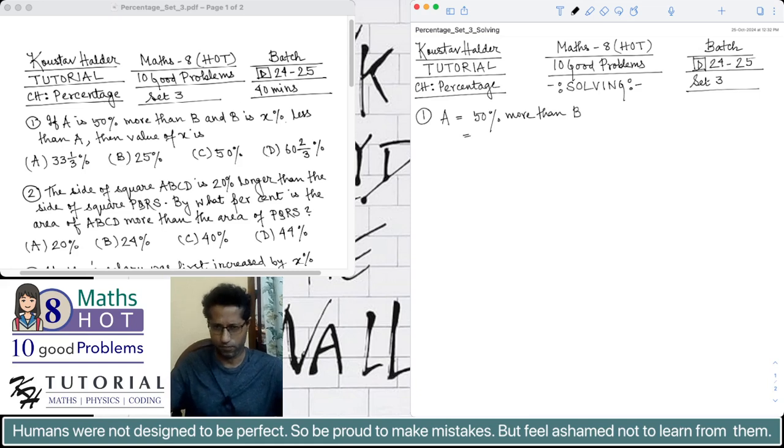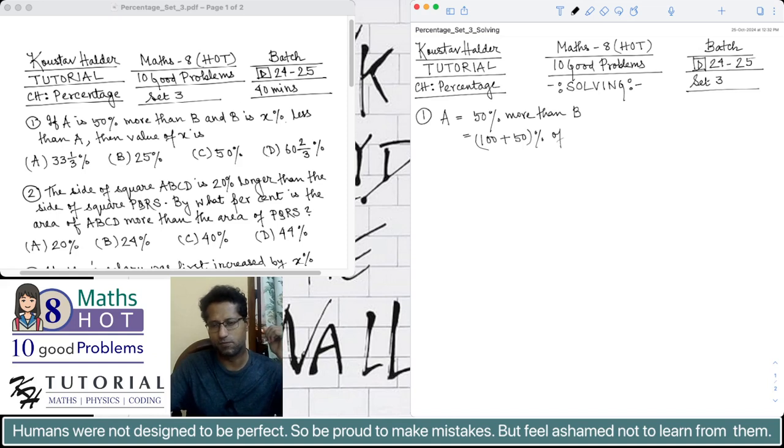So 50% more of anything means 100 plus 50% of the quantity. Now A is 50% more than the quantity B. 50% more means 100 plus 50% of that quantity.